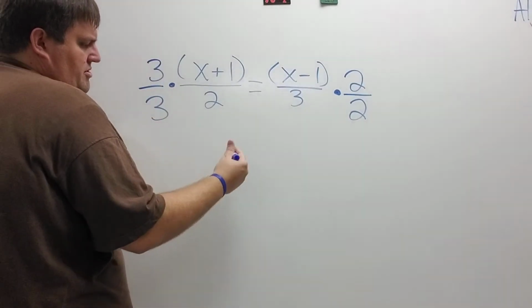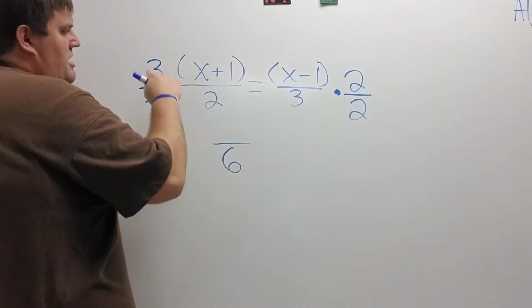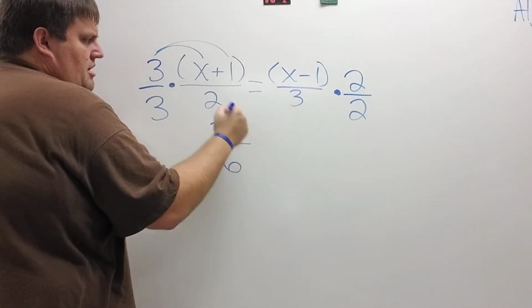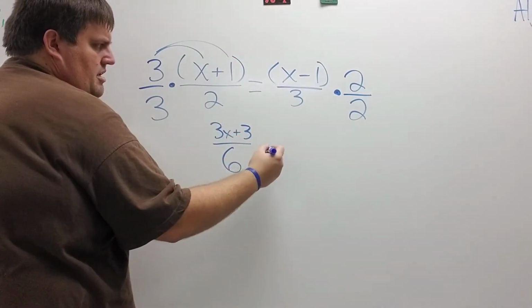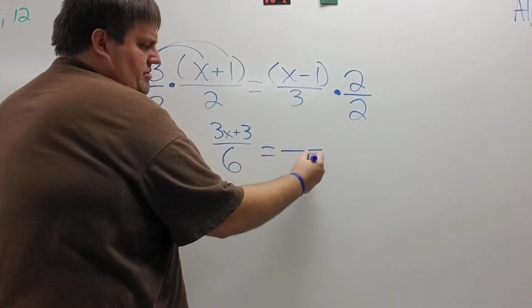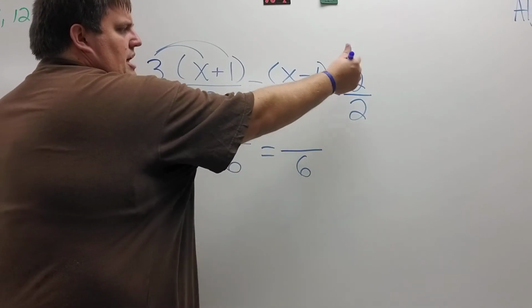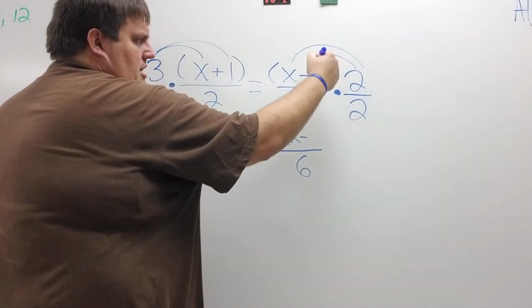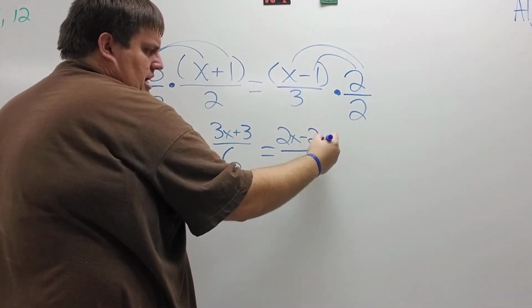So 3 times 2, there's my denominator. And then I'm going to have to distribute here. So 3 times x is 3x. 3 times 1 is 3. Over here, 2 times 3, there's that. And then distribute. 2 times x is 2x. And 2 times negative 1 is negative 2.